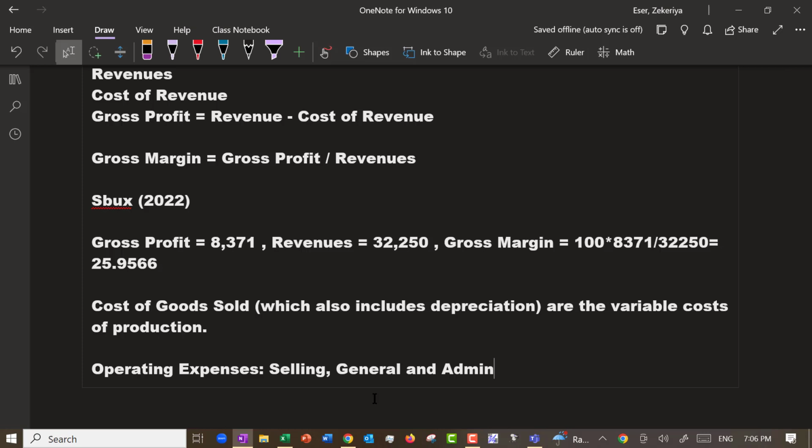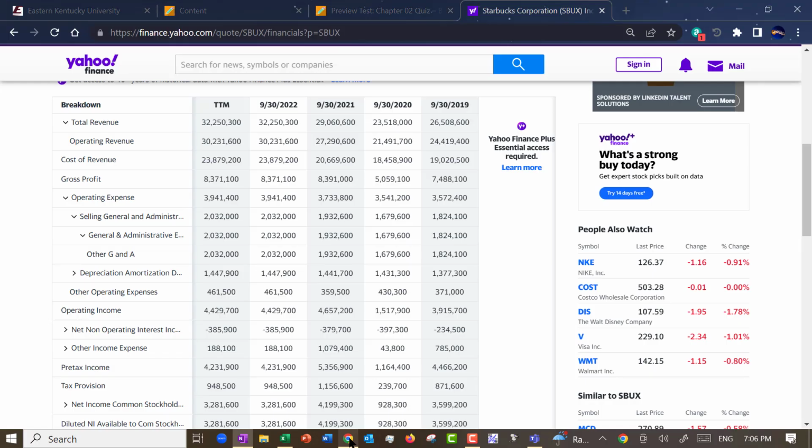And you also have things like research and development. You probably think there's not going to be too much R&D expense.